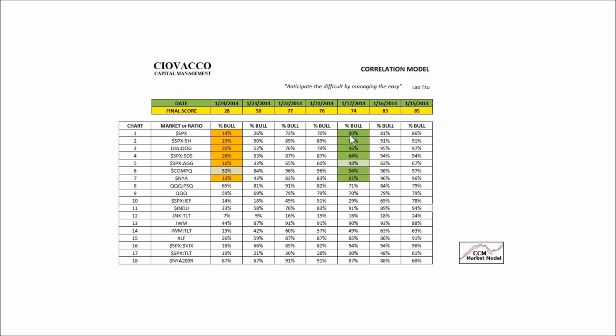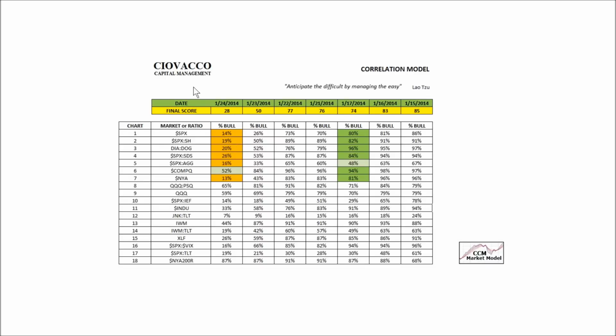Roughly, it's telling you that a week ago, 80% of the questions, and they're weighted differently, but for illustrative purposes, 80% of the questions a week ago for the S&P 500 were returning bullish responses. A week later, that number is down to a concerning 14%.